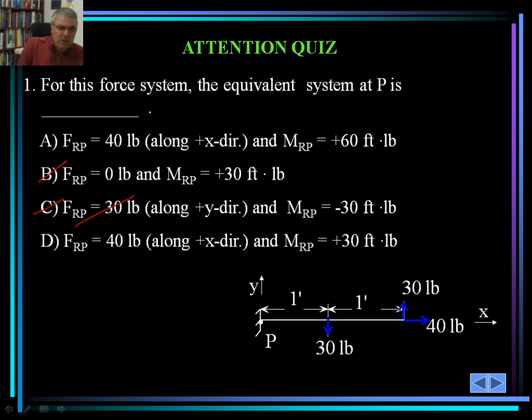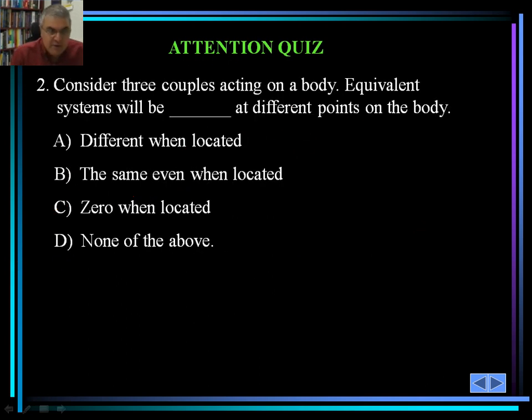F sub RP cannot be 0, so that's also out right away. We can pretty much end up with A or D. On further examination, we will realize that it must be 40 pounds in the x direction, so the first component of this is fine. The problem is that M sub RP would turn out to be 30, so this answer is also out. So D is the correct answer in this case.